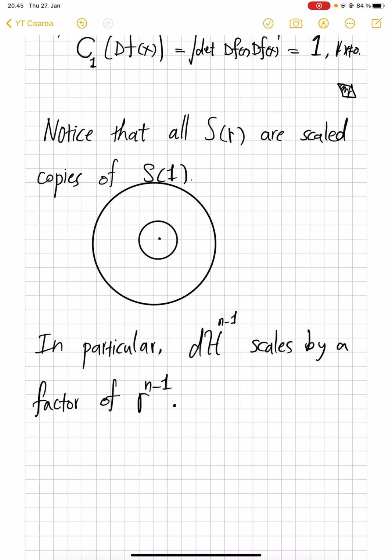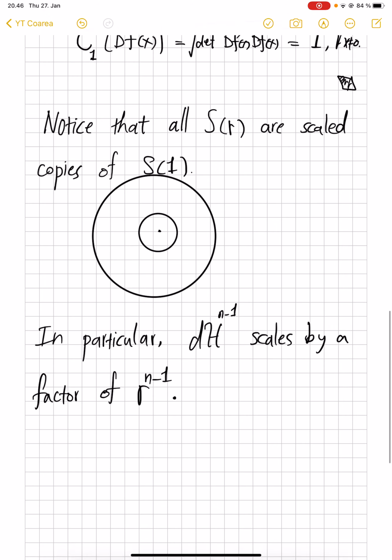So I'm relying on your familiarity with a little bit of manifold things. This is all rotation invariant, so nice and homogeneous. You can justify it by using a Riemannian metric, for example.